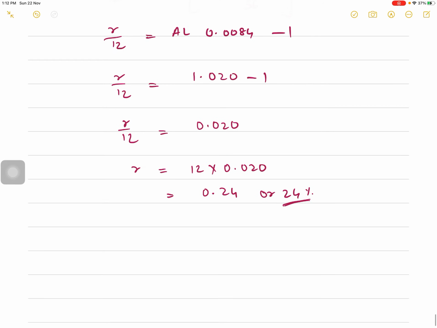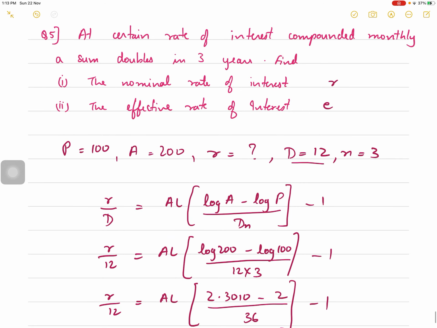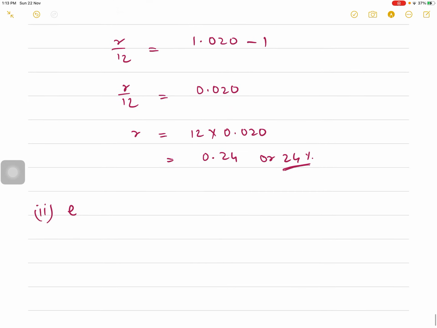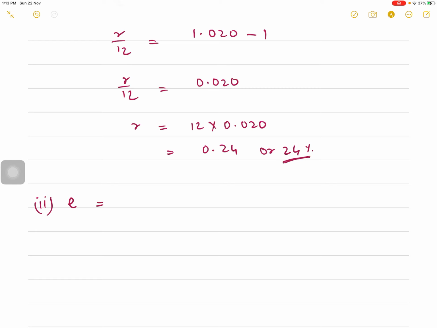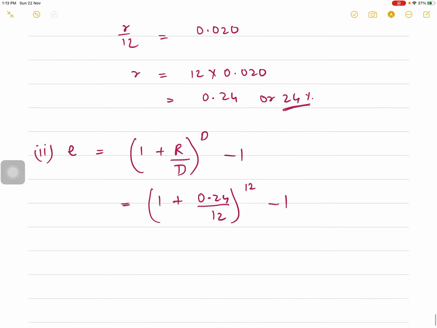Now let's calculate the effective rate of interest, which is E, which is the second part. Effective rate of interest, E is equal to 1 plus R by D, the whole raised to D, minus 1. 1 plus 0.24, R we have calculated, it is 24%, divided by 12, raised to 12, minus 1.